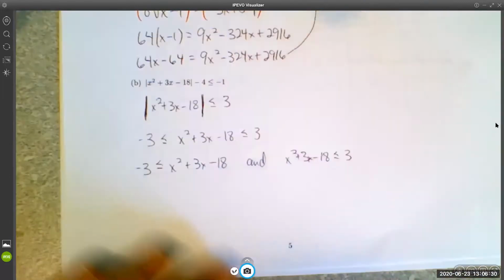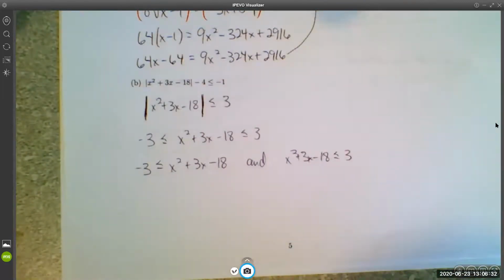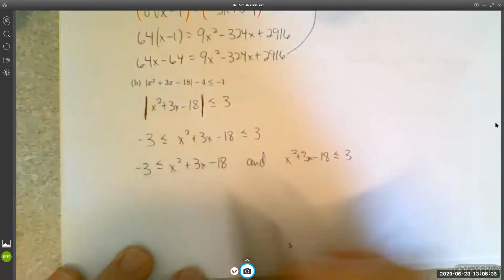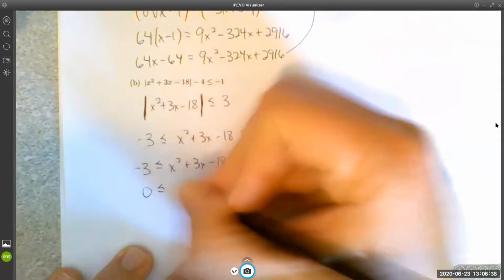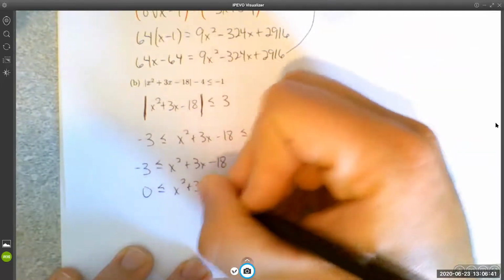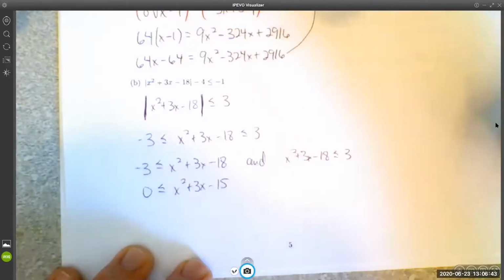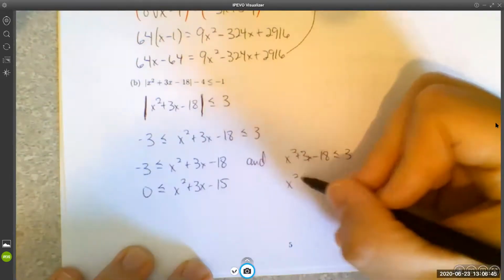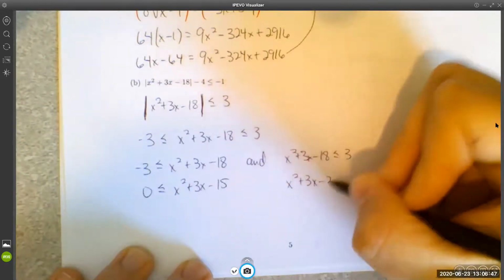So I really have those 2 inequalities that I need to solve. I'm going to solve them separately. I'm going to add 3 on this one, and here I'm going to subtract 3.